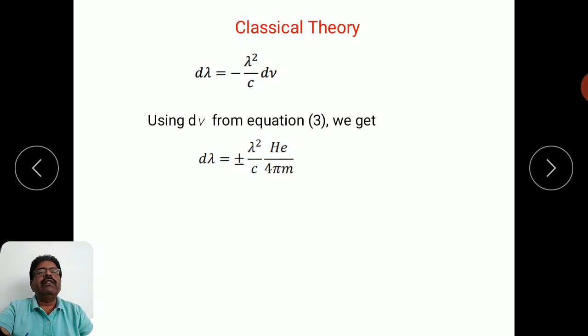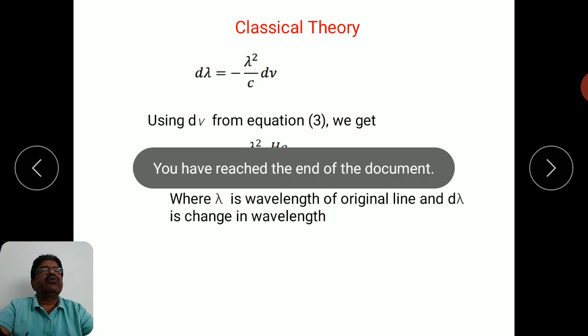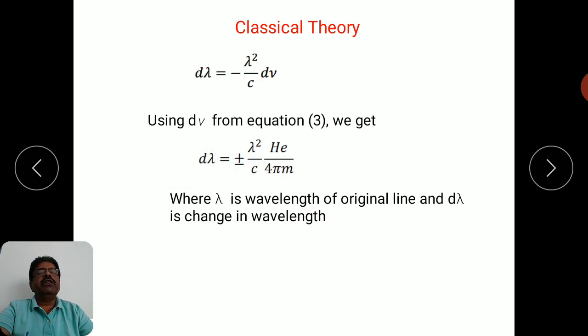The change in wavelength will be decided directly by the strength of the magnetic field. So λ is the wavelength of the original line, and dλ is the change in wavelength. This is the explanation given by Lorentz according to the classical laws of physics. So this is very important.